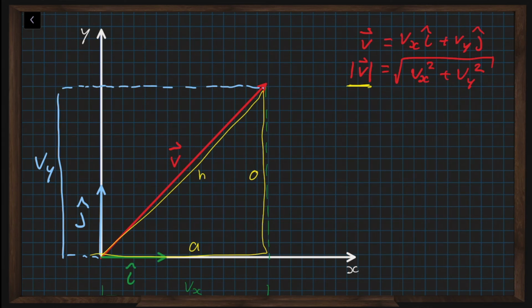Well, as long as we know the angle between the x-axis and the vector, then we'll be fine, because then we can just use trigonometry, and it is pretty trivial to see that Vx is equal to the length of the hypotenuse, which is the magnitude of our vector, multiplied by the cosine of that angle, and then the y component of that vector is equal to the magnitude of the vector multiplied by the sine of that angle.